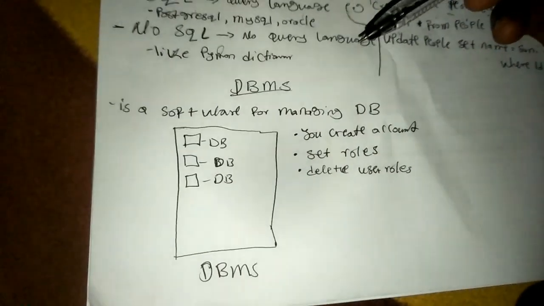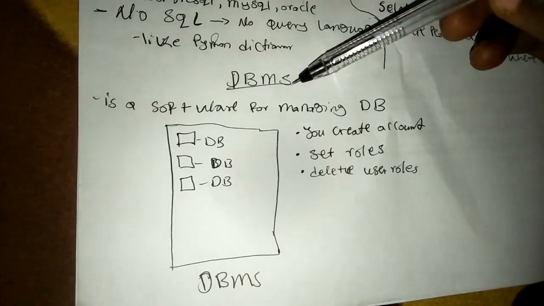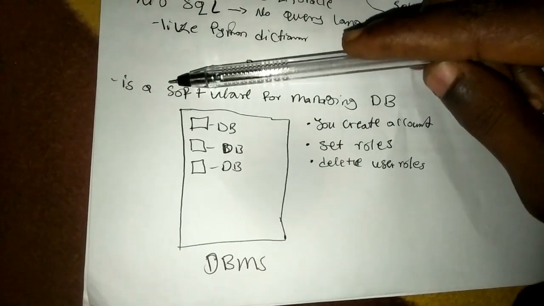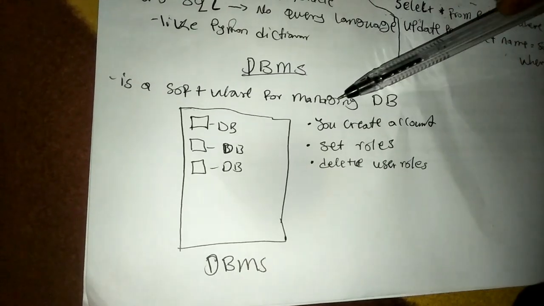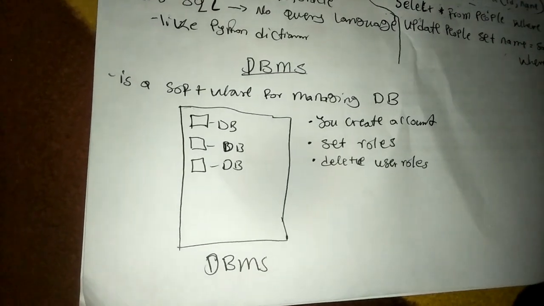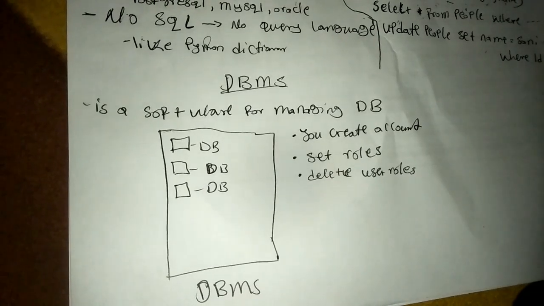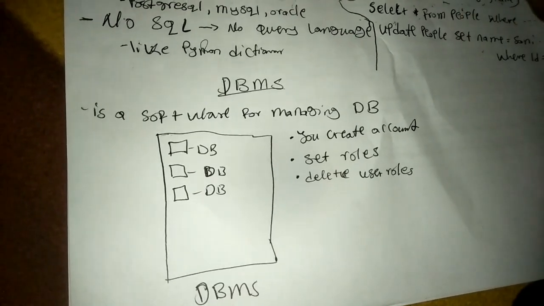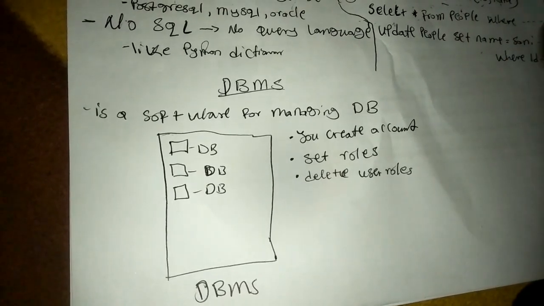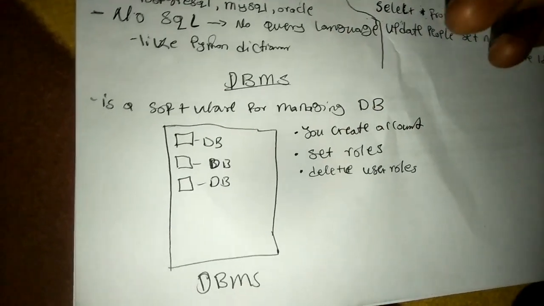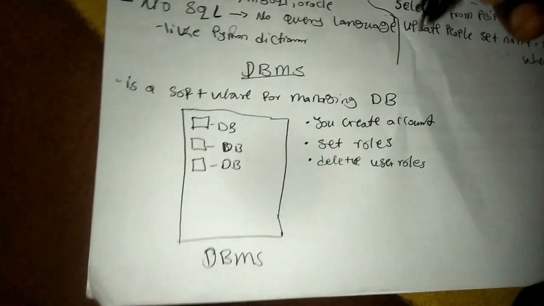So moving on to what we call a DBMS, database management system. DBMS is very important. DBMS is a software for managing databases. Yes, in a single database we have multiple tables, thousands of tables, and in a single table we have multiple rows, thousands of rows that represent people's data.